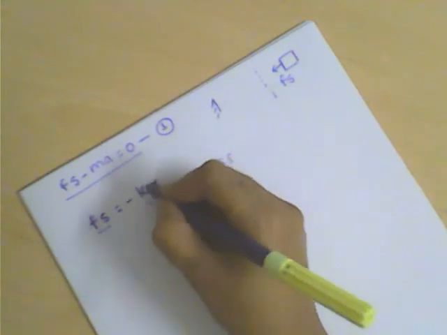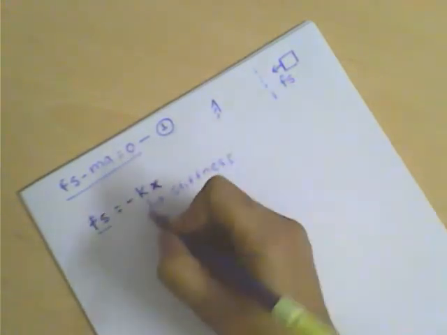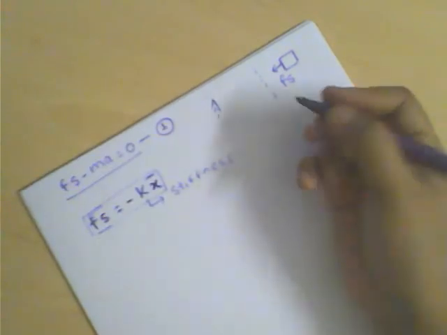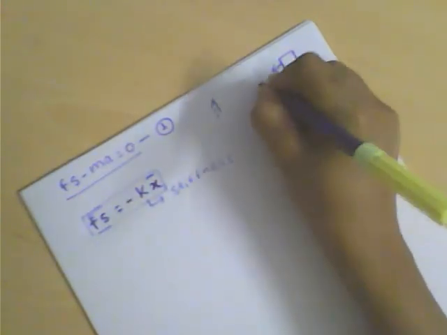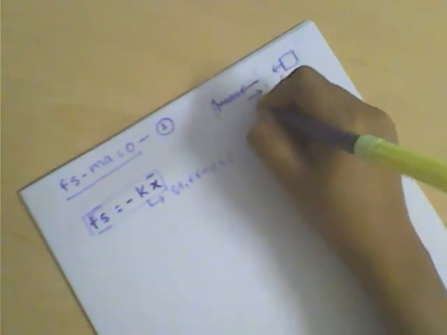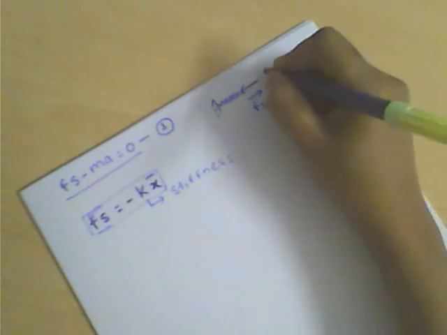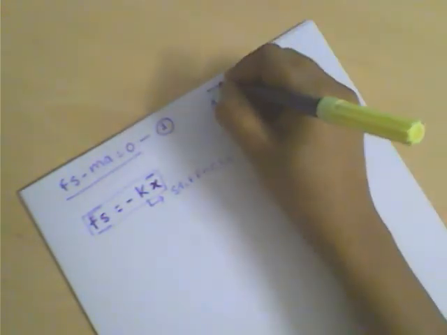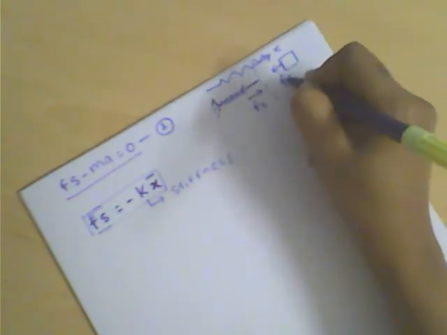That's what k is. As this equation tells us, Fs and x are always in the opposite direction. That is the nature of the spring. If x is negative, then the spring is compressed, so in that case Fs will be like this. In this case x is positive and the spring is extended, and that's why Fs is negative.